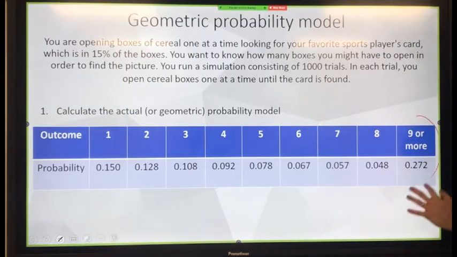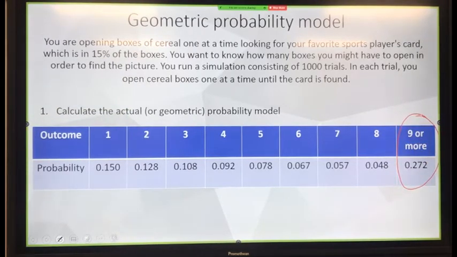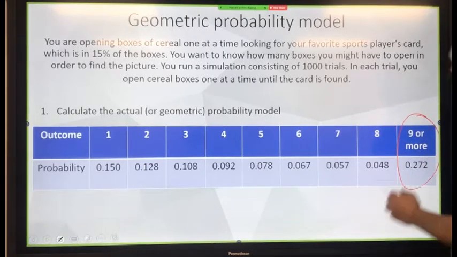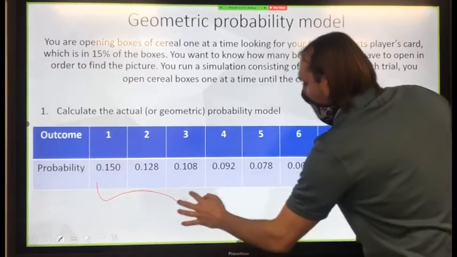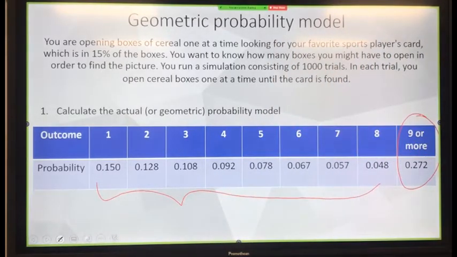Now, how do you find this number right here? If you plug in 9 in your calculator, that gives you 9, where 8 failed previously, but doesn't give you 9 or more, because that's looking for 9, 10, 11, 12, 13, all the way to infinity. How in the world do you think you could find that number? I do know this value, right?